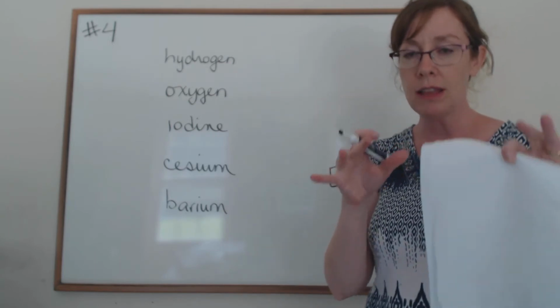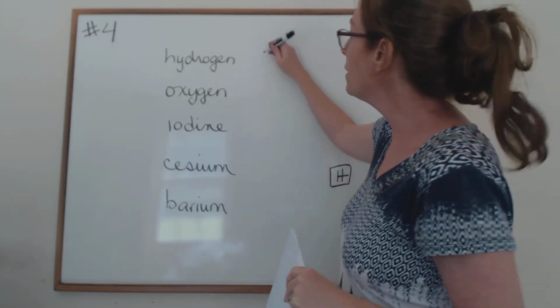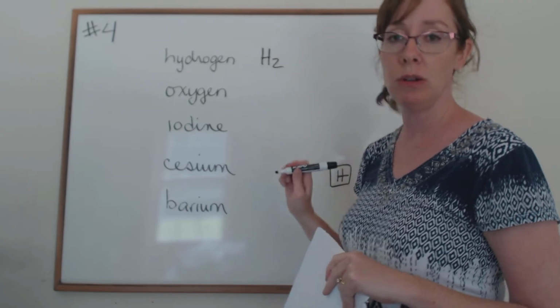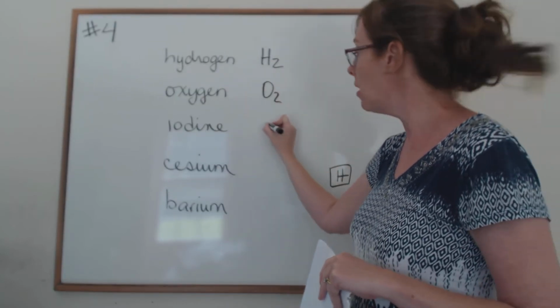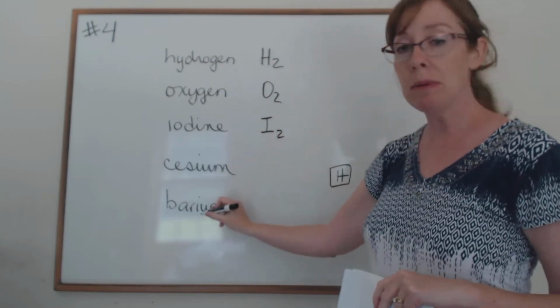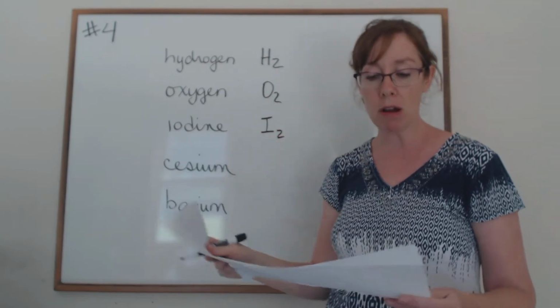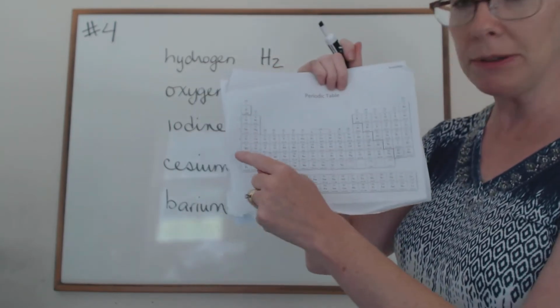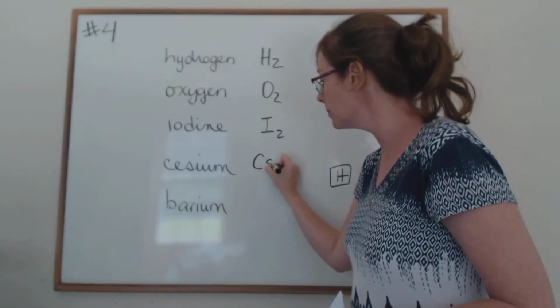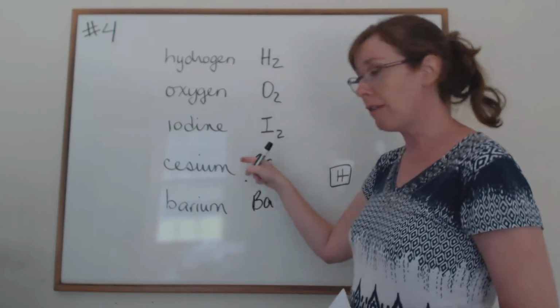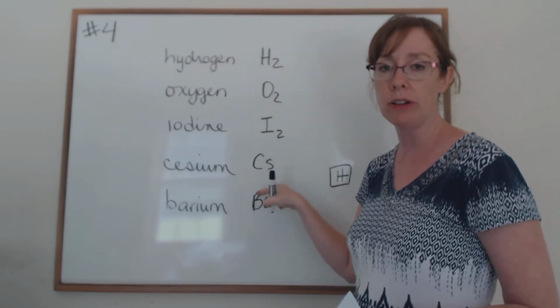It's just hydrogen, the element hydrogen. You have to remember that its formula is H2. Oxygen is also a diatomic. Iodine is also a diatomic. Cesium and barium are not. The vast majority of them are just atomic elements, so these are just single atoms. You should have all of these memorized. They are all on your list.